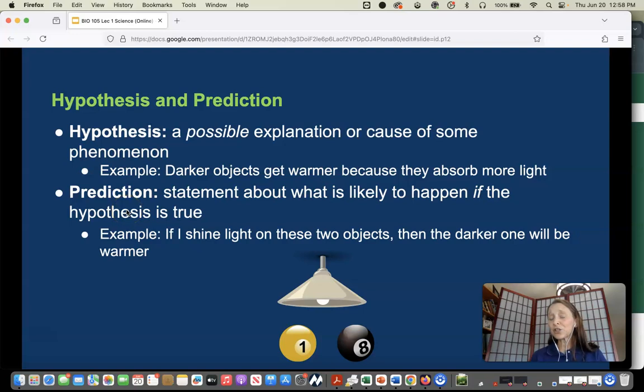Now, a prediction is going to be a little bit different. A prediction is a statement about what is likely to happen if your hypothesis is true and you do an experiment to test it, okay?